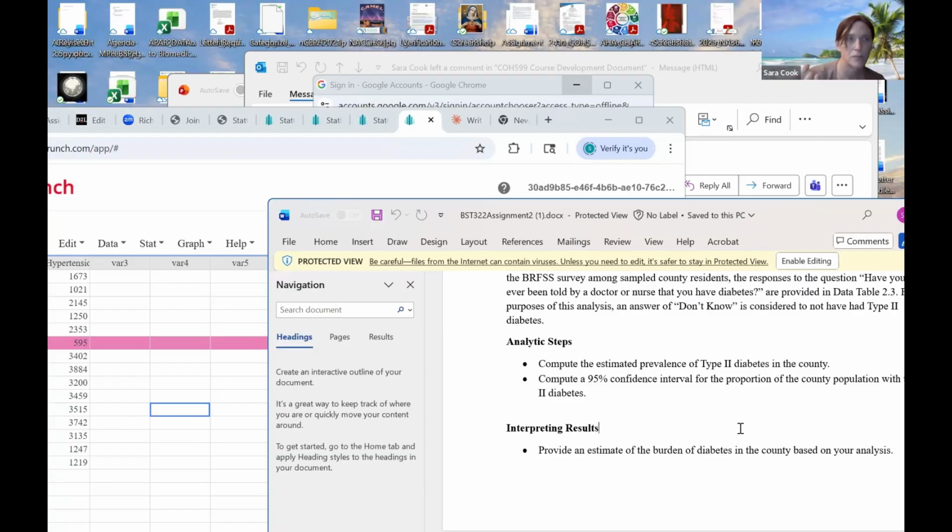But with proportions, you actually need a slightly larger sample to get precision around a proportion, just because it's a yes/no kind of answer. Think about something like age. You could have all these different values, right? But for diabetes, it's either a yes or it's a no. And so you actually end up needing mathematically a larger sample to get a narrower confidence interval.